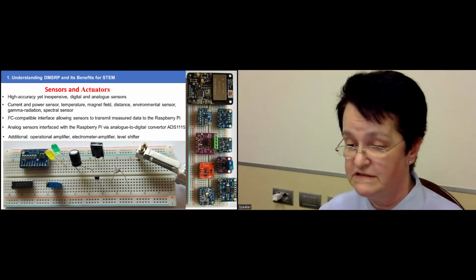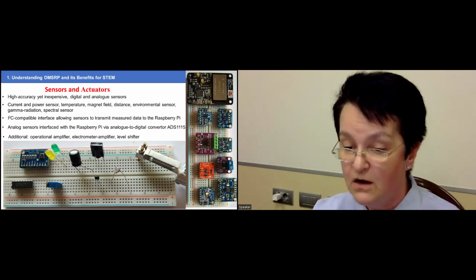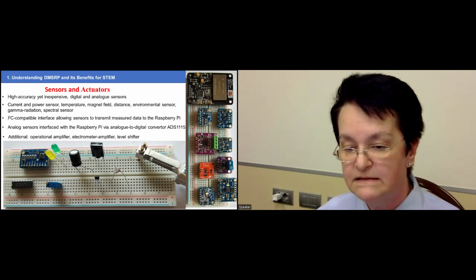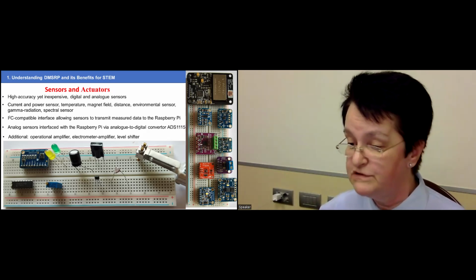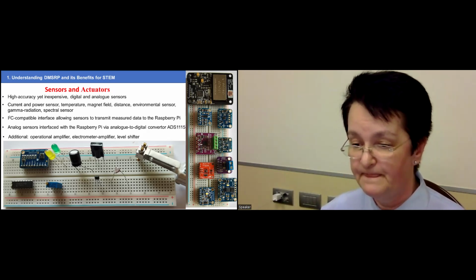Those have to be interfaced with the Raspberry Pi via an analog-to-digital converter, which we chose after searching: the ADS1115 with 4 channels and with embedded amplification.